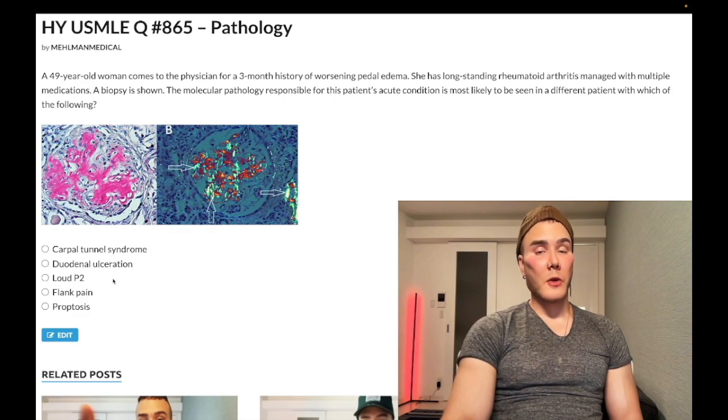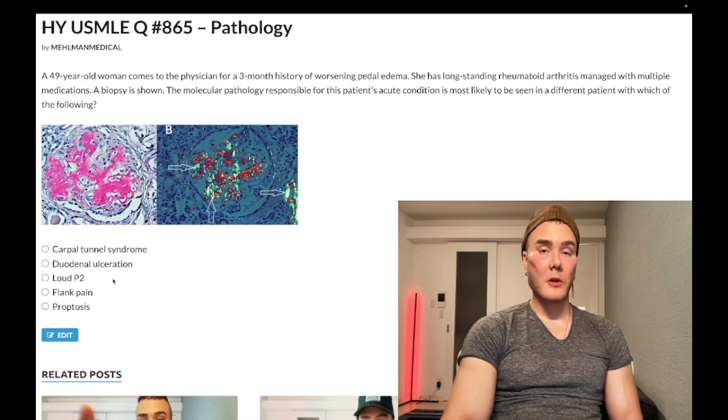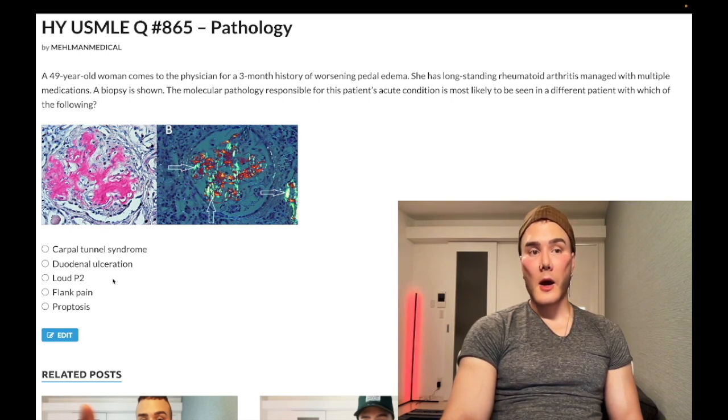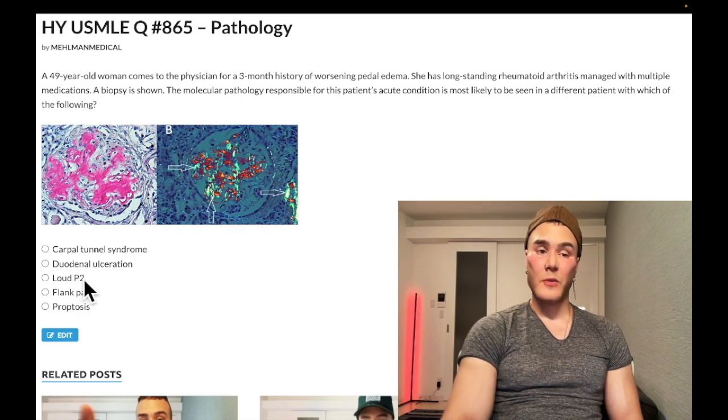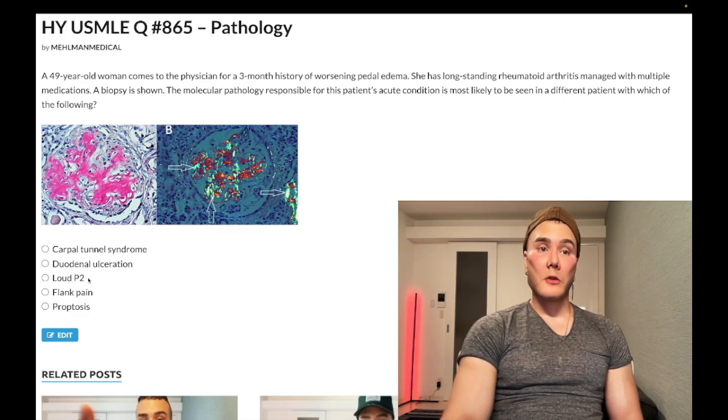And also tricuspid regurg, as I said, a holosystolic murmur that increases with inspiration, means pulmonary hypertension or cor pulmonale. Pulmonary hypertension is the highest yield cause of tricuspid regurg on USMLE. So loud P2, cor pulmonale, any pathology from the lungs, could also be left heart failure backing up to the right heart, causing a loud P2. You might not notice this in vignettes, but now that I've said it, you'll start to pick it out. Point is, wrong answer.